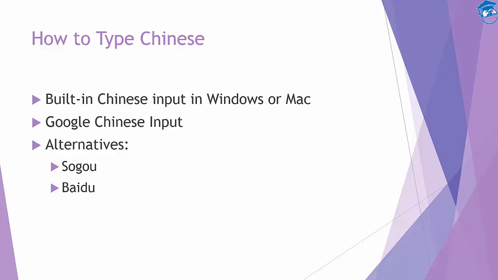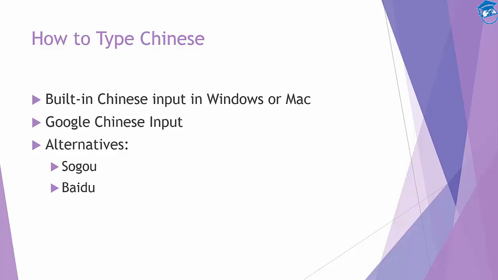If you want it to function like Windows or Mac because you like the Google interface better, you can always download the input. But for now, if you know nothing about Chinese characters, I wouldn't suggest you download it now.